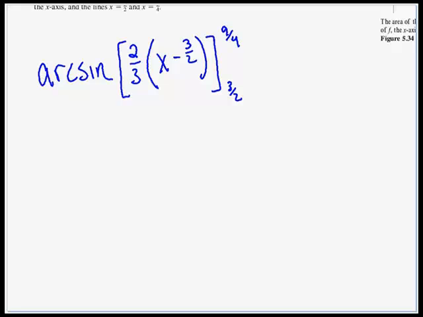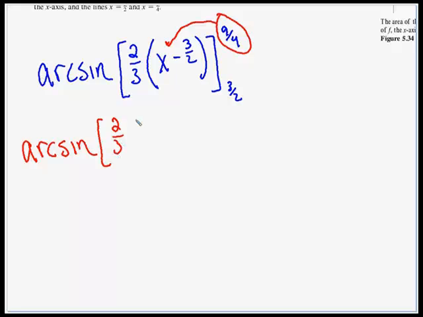So let's evaluate. The 9/4 drops in first. So our first term is going to be the arcsine of 2/3 times, in the parentheses, 9/4 minus, let's rewrite this with a common denominator, 6/4. And then we're going to evaluate our lower limit, plugging in the 3 halves.